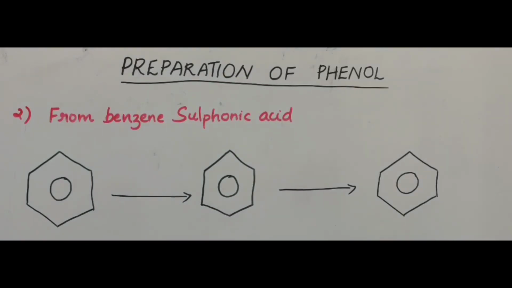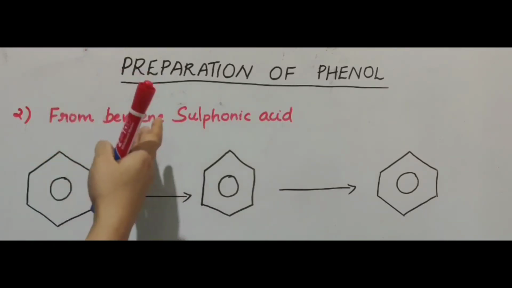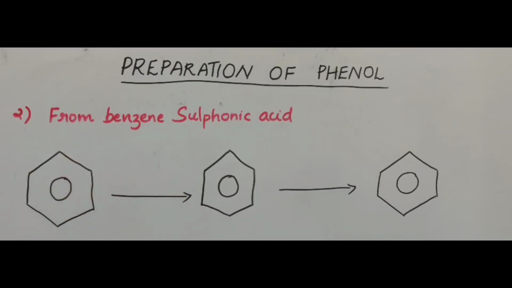Just pause your video and try to recall the conversion of benzene to benzene sulfonic acid. Try it, because you had already studied this in the earlier classes. I think you must answer this.